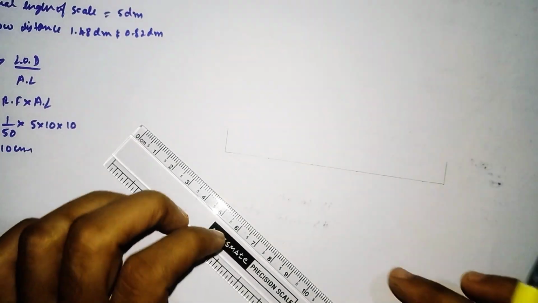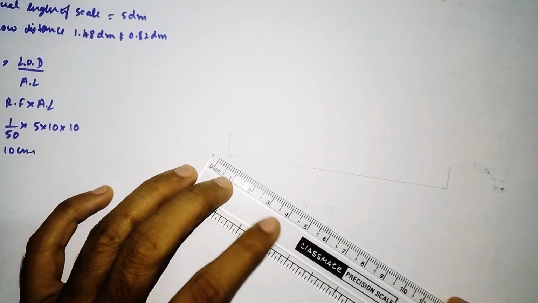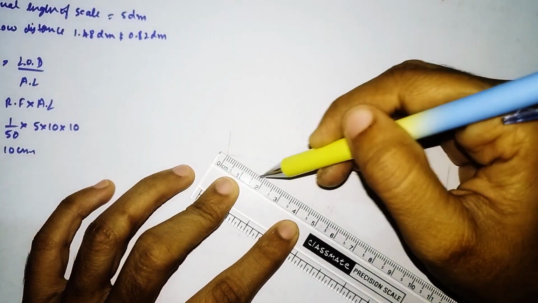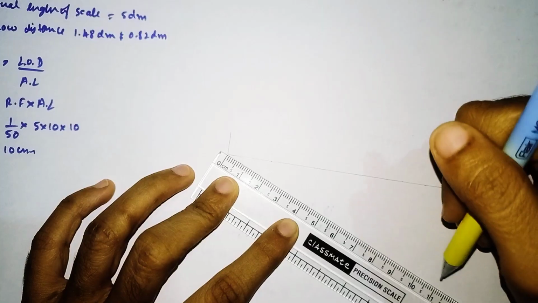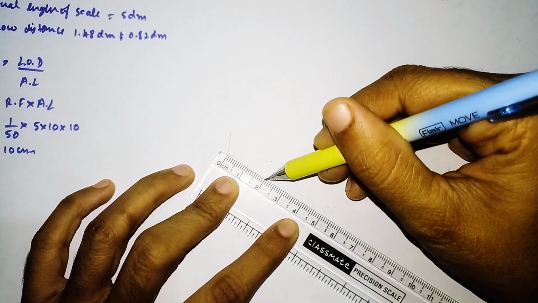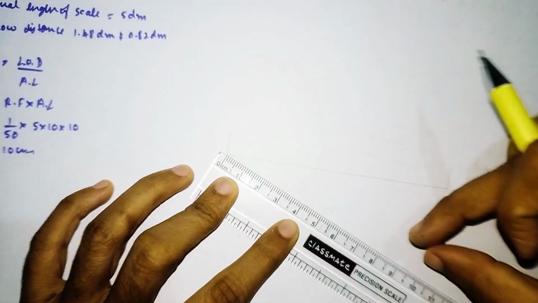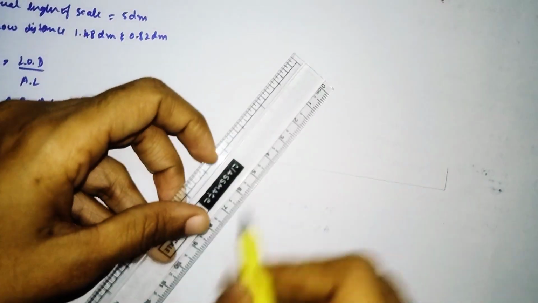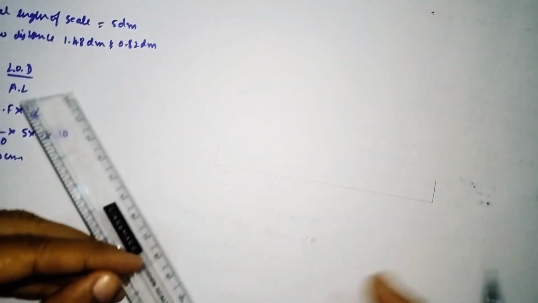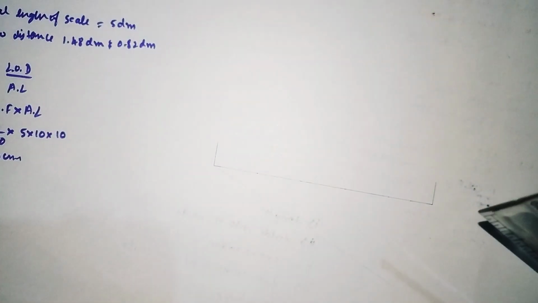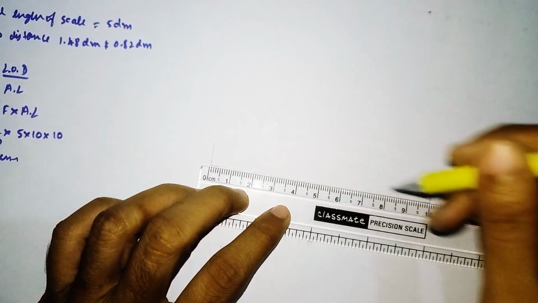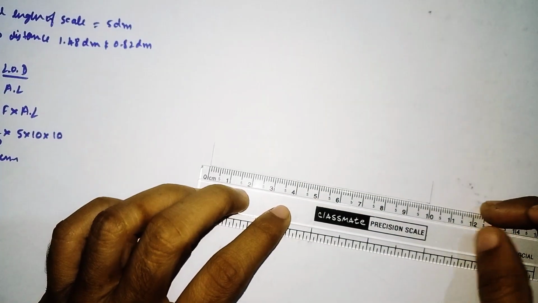For that we have to take the 10 centimeter line here and divide into 5 equal parts. 10 centimeter into 5 equal parts, again we need to take the 2 centimeter part, mark it, and draw the parallel line like this. You can go through that method also. Whatever you feel easy you can go through that method. Also you can simply mark each 2 centimeter, 5 equal parts of the 10 centimeter.